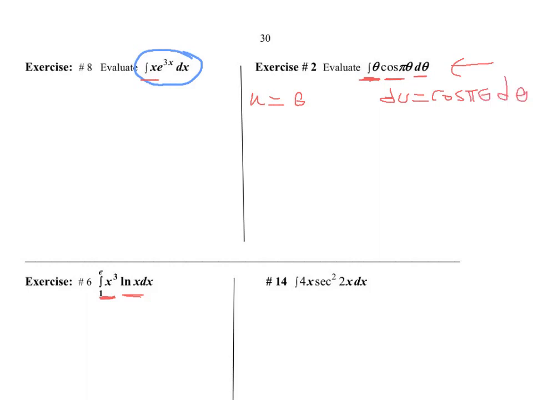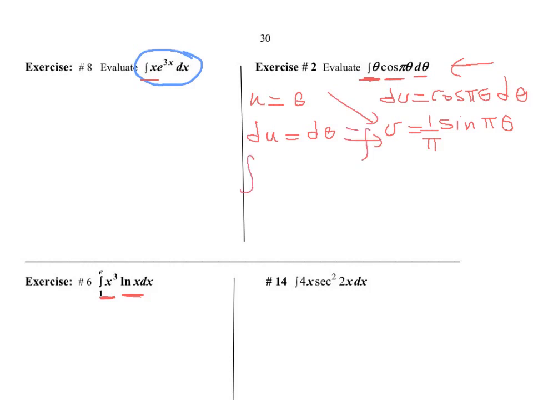So again, if we have an x with a cosine or sine, we take x as u. Here it is theta instead of x, but it is basically just the same thing. du is equal to 1 d theta, v is equal to sin(pi theta) divided by pi. Now that's the rule, uv minus integration of v du.